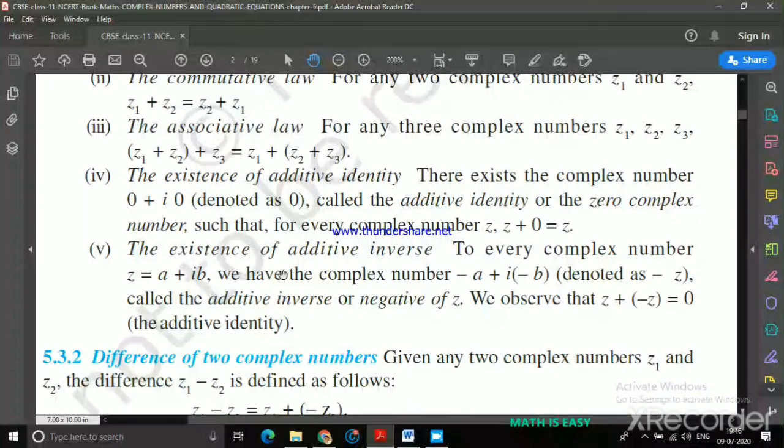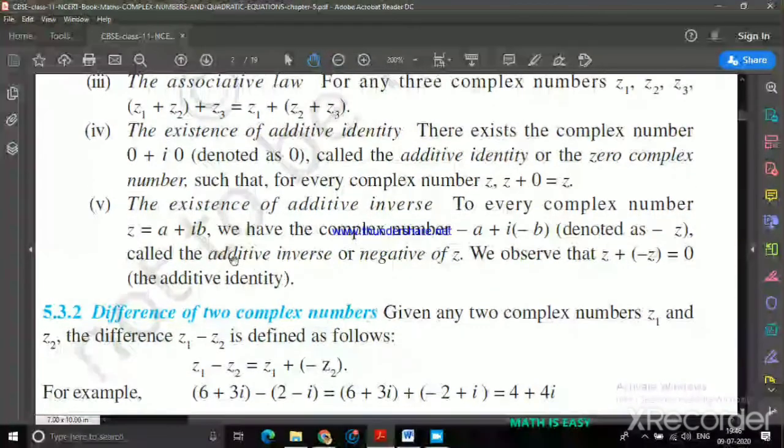Next, inverse, additive inverse. For additive inverse, if A plus IB is there, then minus A minus IB is going to be the additive inverse. What do you mean by additive inverse? If I add a number and its additive inverse, I have to get the identity element. Here the identity element is 0 plus I0.